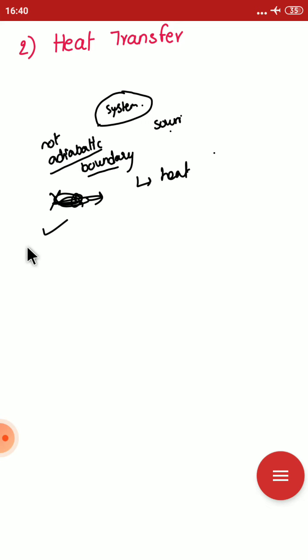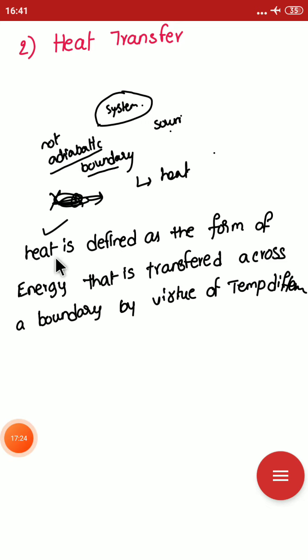Heat is also a form of energy, but it is transferred across boundaries only due to temperature differences. Same as work, heat can also be found only at the boundaries.